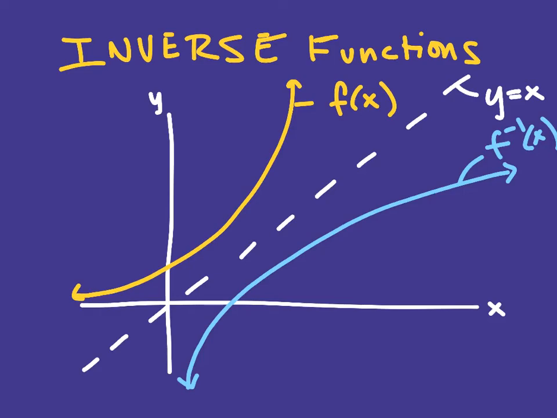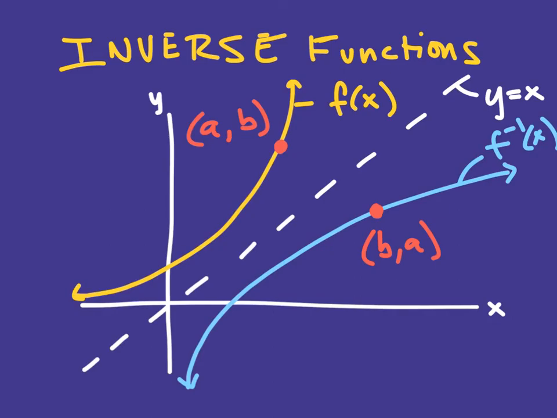Now, what I know is that I have a point on my function, and I'm going to call this the point a, b. Now, I have my corresponding point on my inverse, and this isn't necessarily drawn to scale, but I have the point b, a.